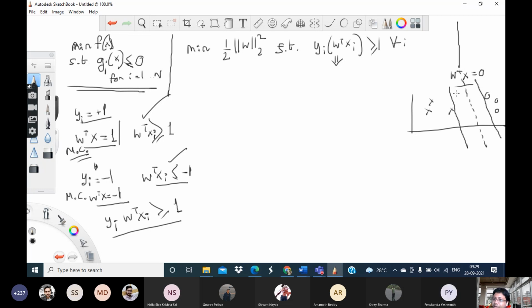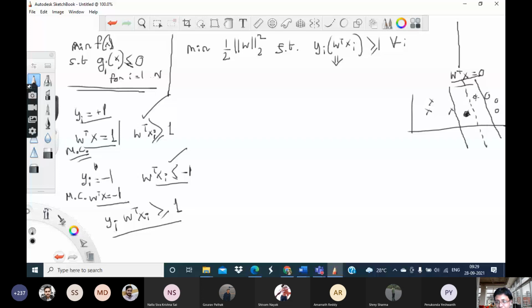The earlier condition means you have satisfied all the points with respect to the optimal classifier, whose equation is this one. But that does not mean you have satisfied them with respect to the marginal classifiers also. For example, if you consider this cross or this circle, they are correctly classified with respect to w transpose x equal to 0, but not with respect to these. I do not want that to happen.